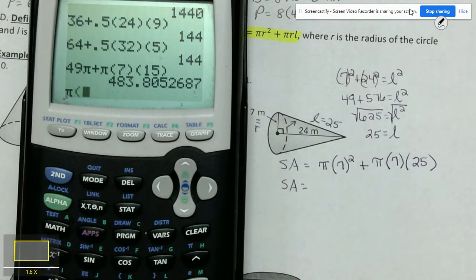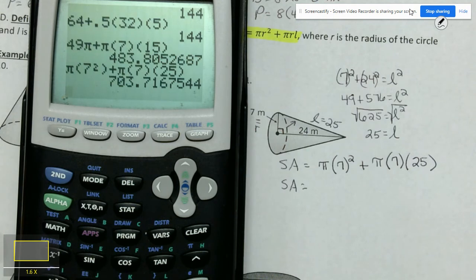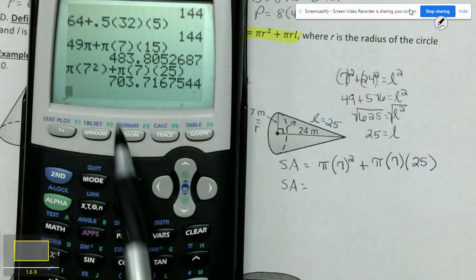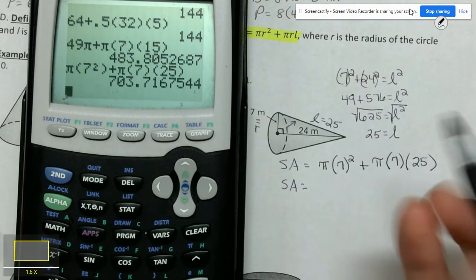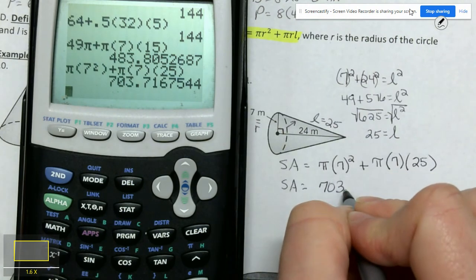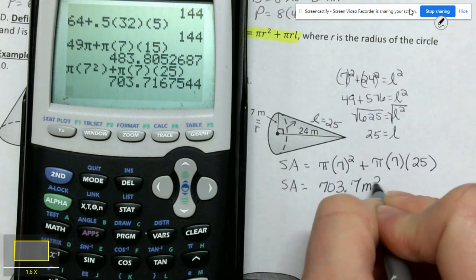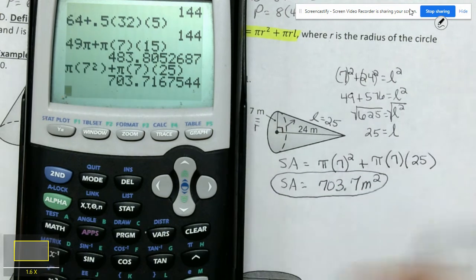So pi 7 squared plus pi times 7 times 25. Notice the use of parentheses. And you can also use the Desmos scientific calculator on the computer or on your phone app. So we get 703.7. 703.7 meters squared for our surface area there.